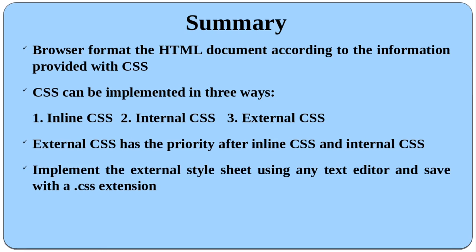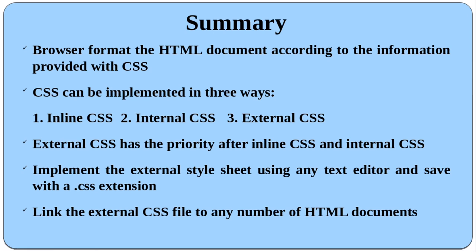We need to implement an external style sheet using any text editor like Notepad or WordPad and save the document with the CSS extension. Link the external CSS file to any number of HTML documents to apply the styles of the external CSS document.